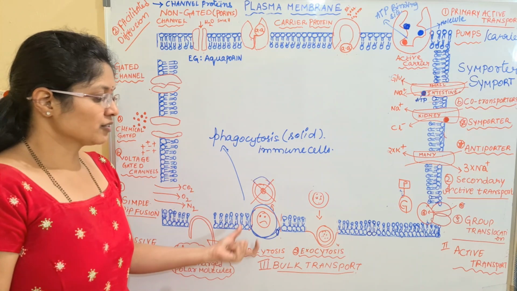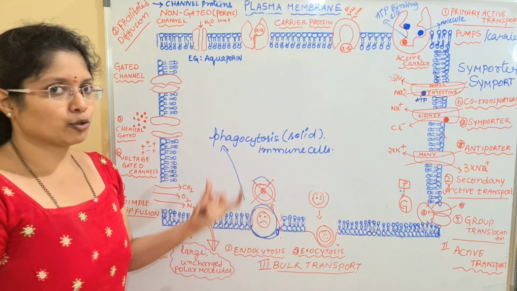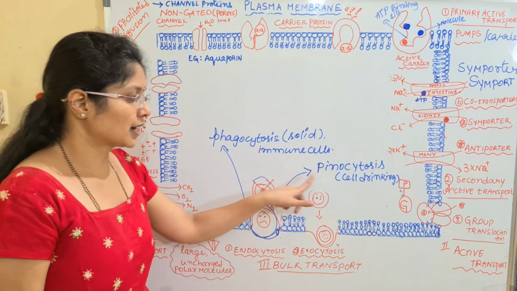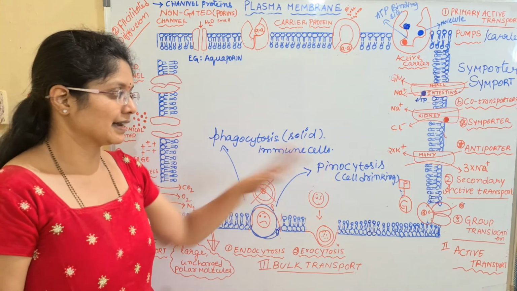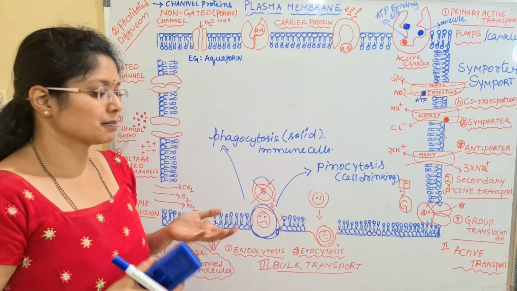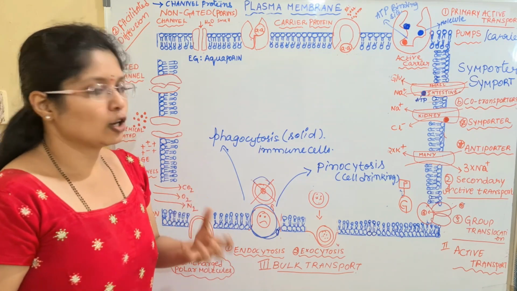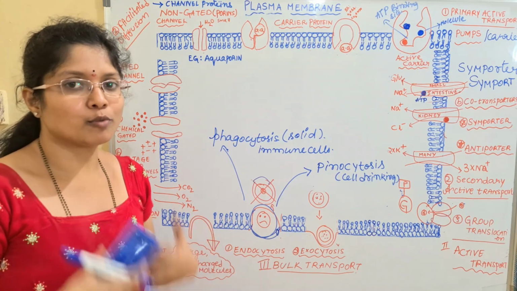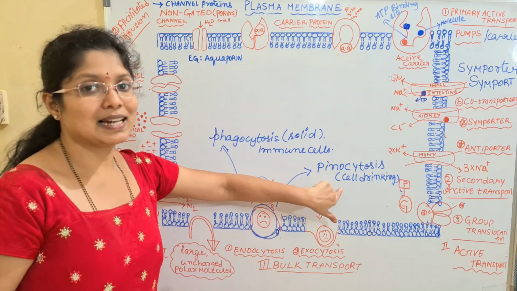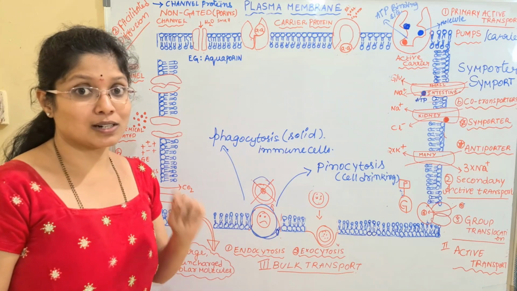If liquids or fluids are entering into the cell cytoplasm through this membrane, we call it pinocytosis. Pinocytosis is also called cell drinking, as it is engulfing, or you can simply say, as it is absorbing the fluid molecules inside the cell along with the fluid. If the solute molecules are absorbed, we call it pinocytosis. The other term is cell drinking. The cell is drinking something. And phagocytosis is called cell eating.